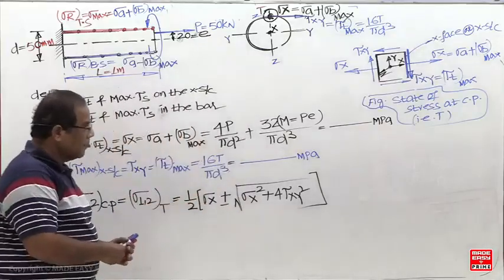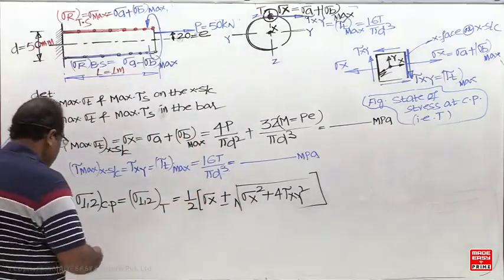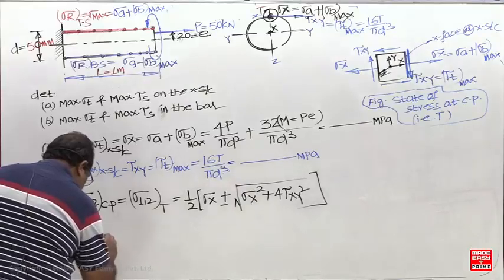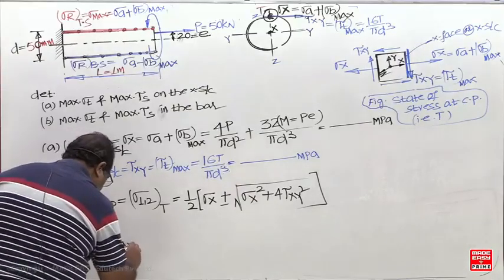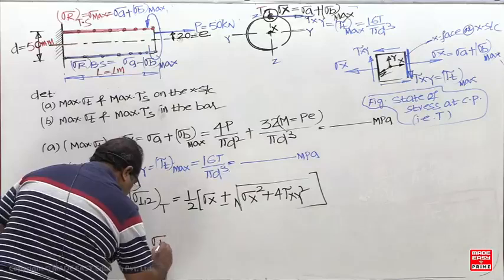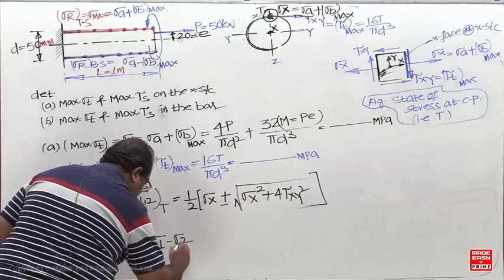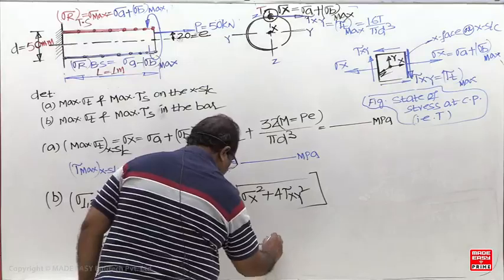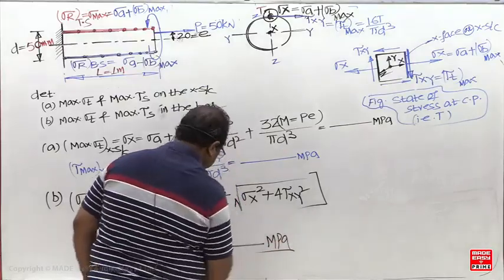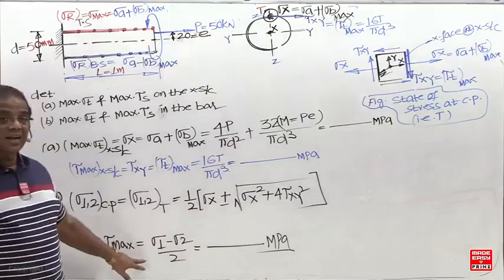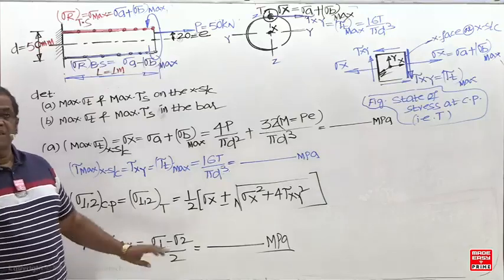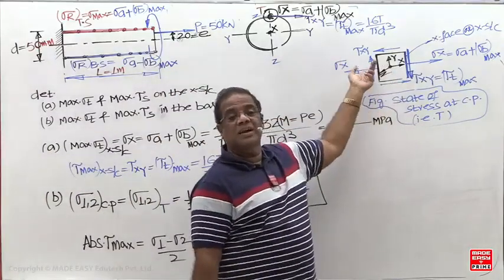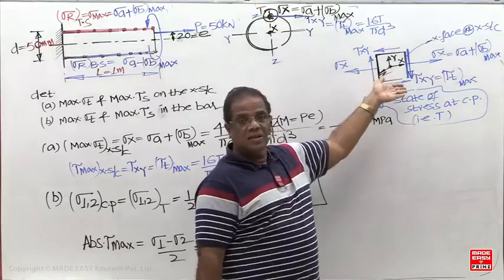Now I can complete it. Somebody is going to ask, sir, why have you taken in-plane tau max? Here both are the same. Here the Mohr circle will intersect the x-axis, and in this case the Mohr circle will intersect the y-axis. This case you have studied.